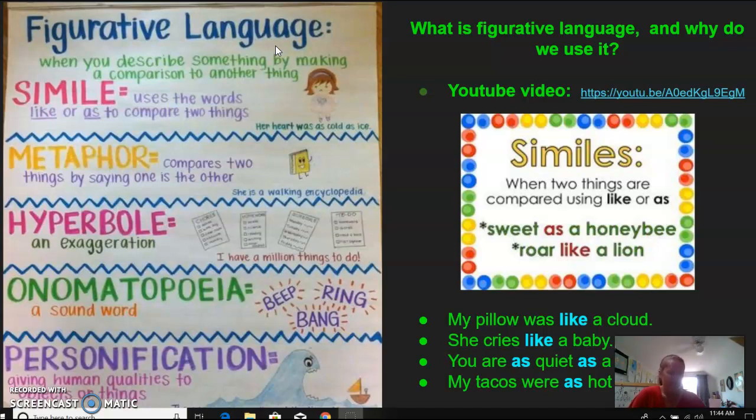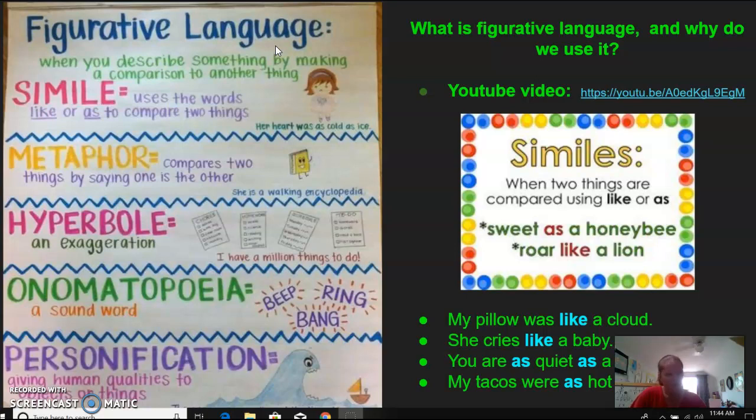We use similes and metaphors probably without even knowing it. It's cultural, right? It's part of our English language, which can also make English difficult to learn and understand for people where English is not their first language.